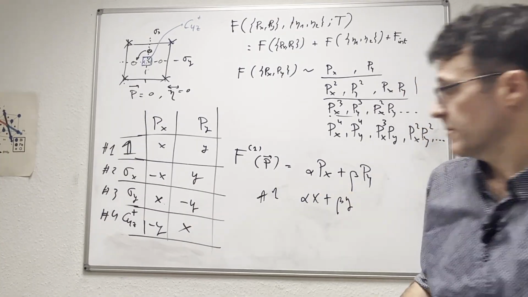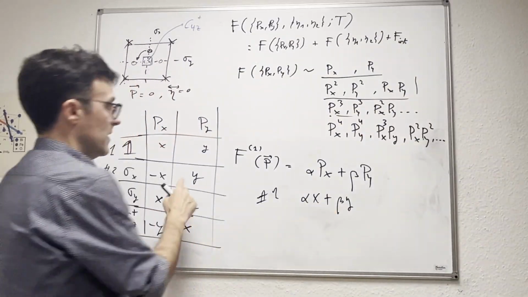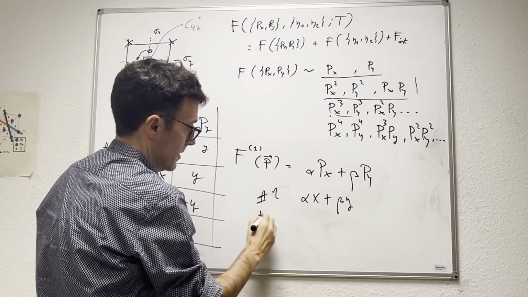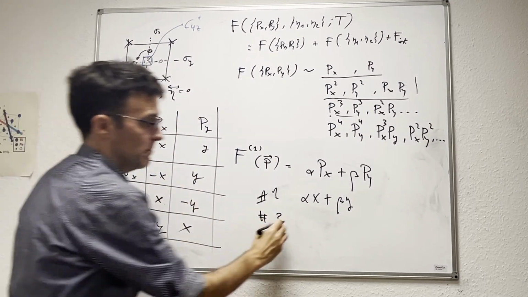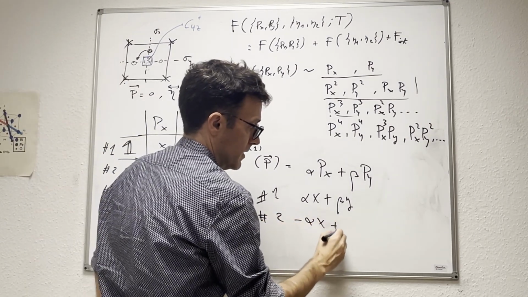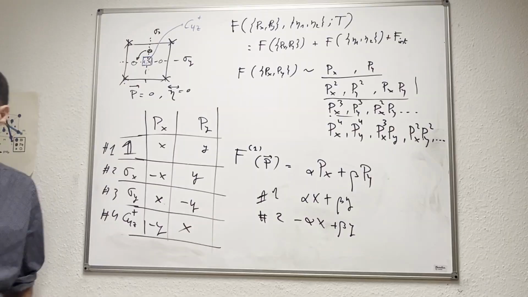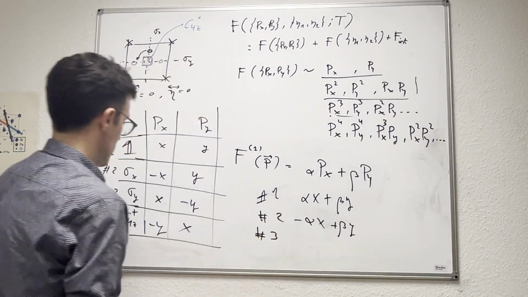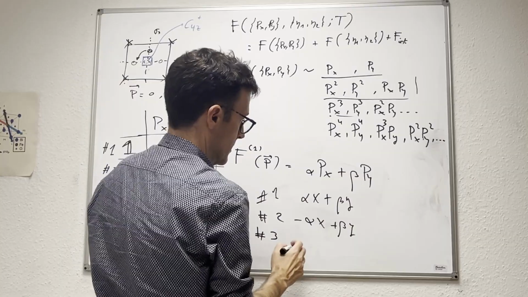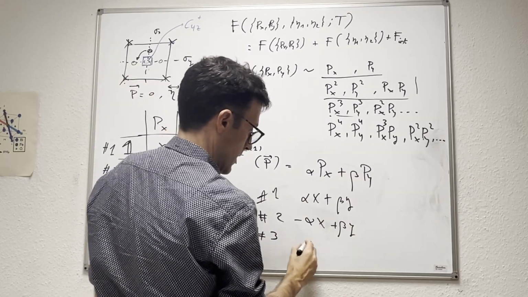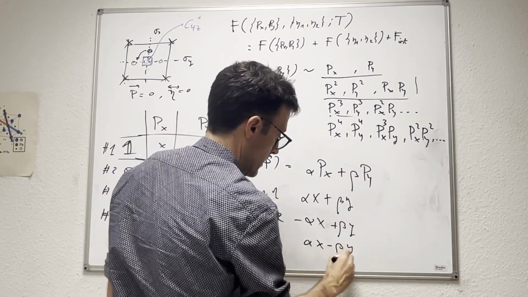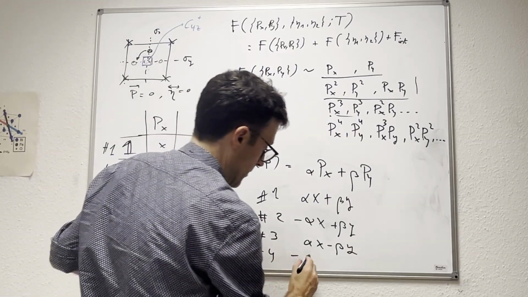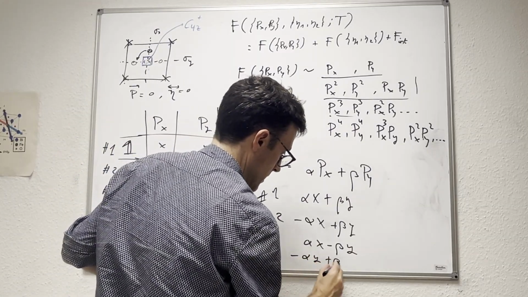The energy given by these linear terms for state number 2 is minus alpha x plus beta y. For state number 3, the energy given by these terms would be alpha x minus beta y, and for state number 4, it would be minus alpha y plus beta x.